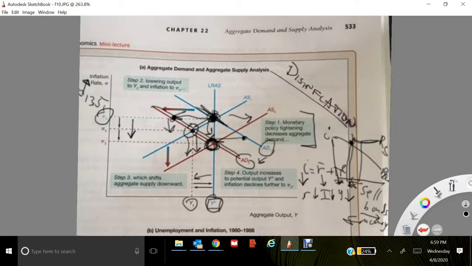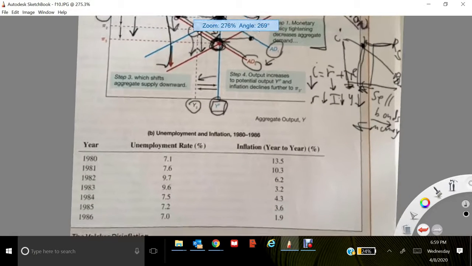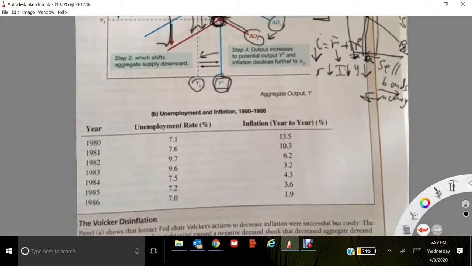Very good. And if you look at the little table down here at the bottom of figure 10, this is starting in 1980. We had reasonable unemployment, but we had high inflation.